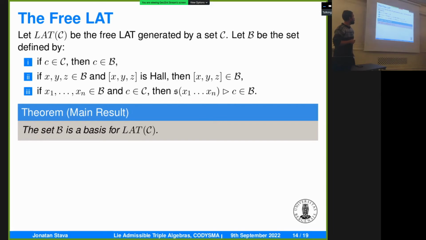If you have 3 elements in your basis and you put them into the triple bracket, and this triple bracket is whole, I'm not going to talk a lot about it, but it's similar to how you have whole elements in the free Lie algebra, so there are just some more conditions you need to meet, but it's easy to check, then this triple bracket of elements is also in your basis. And if you have n elements in your basis and you graft them onto a common root in the symmetrized sense, it's also inside your basis. And this basis is actually a basis for the free Lie admissible triple algebra.